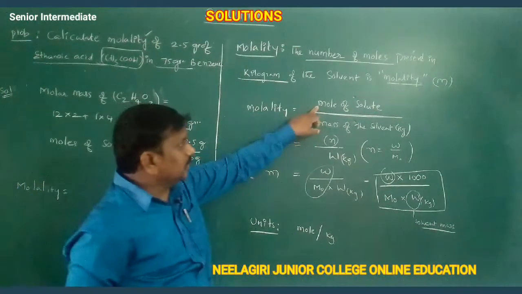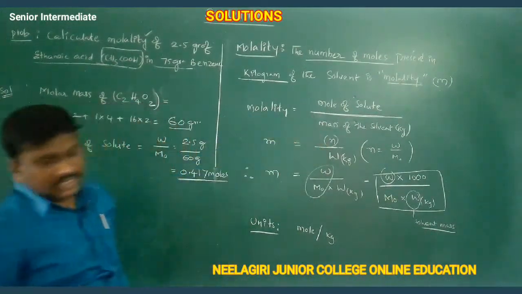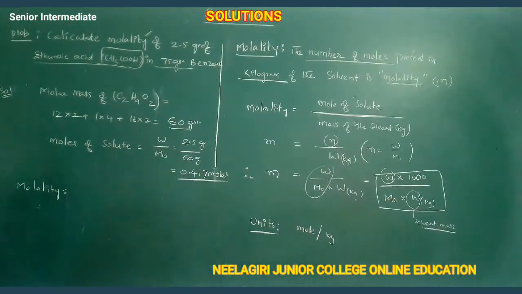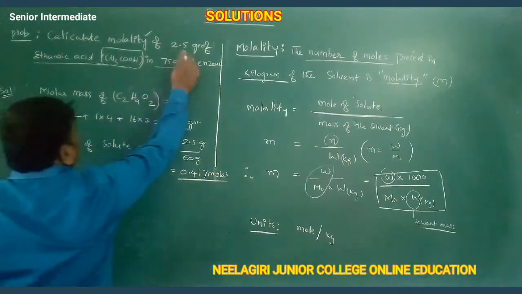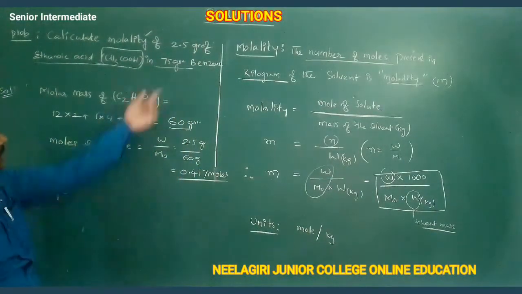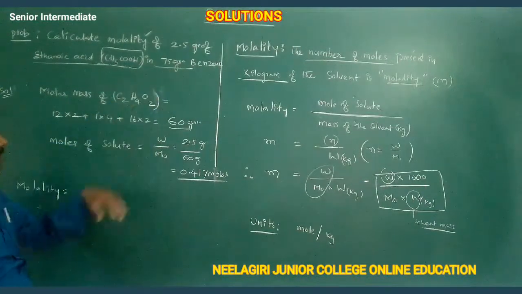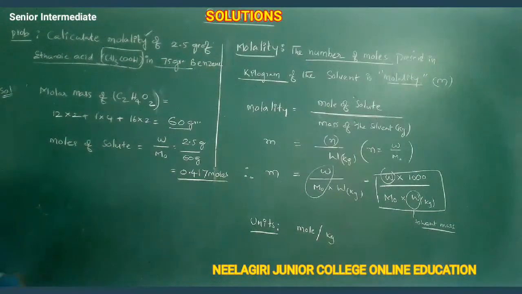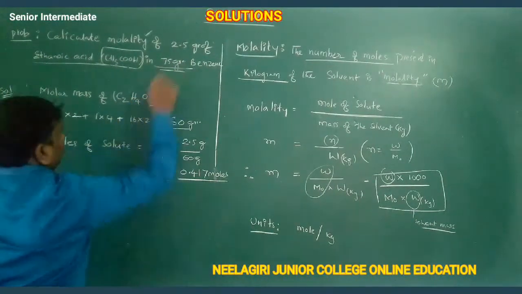Moles of solute by mass of the solvent. So here mass of the solvent, how it is given? Grams here given. So you have to convert this into kg. So before going to calculate molarity, you have to convert these grams into kilograms.